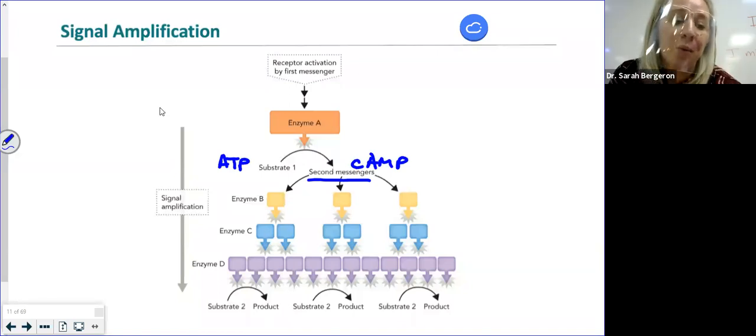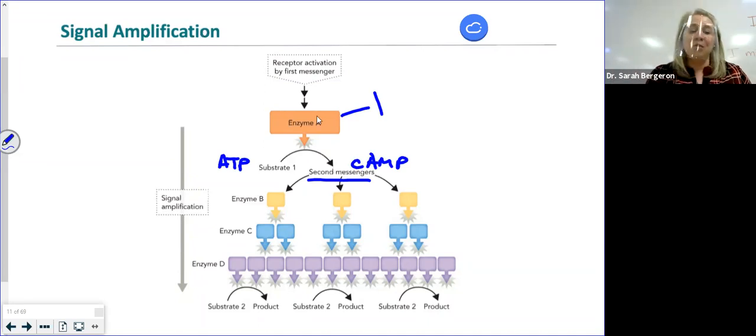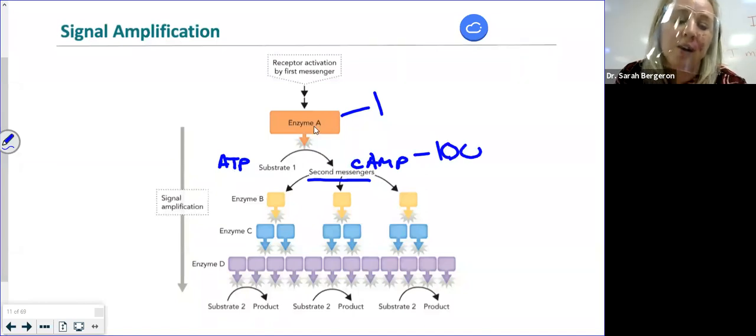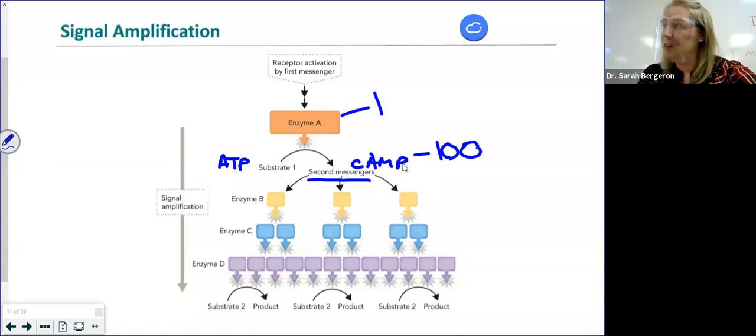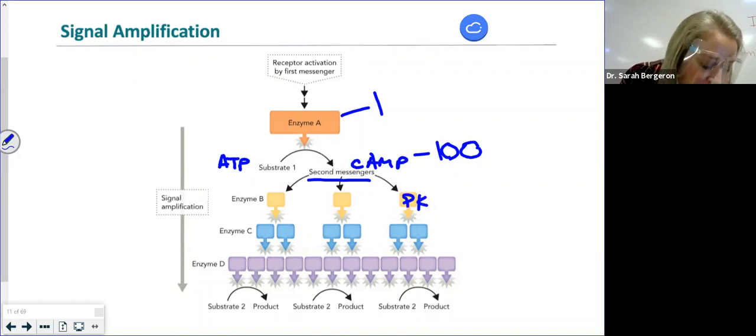So if you had one of this original enzyme here that modifies our second messenger of cyclic AMP, right? If you have one of those, it's going to make 100 cyclic AMP molecules. Each one of these 100 cyclic AMP molecules is going to go in, and this is usually PKA, protein kinase A, right?